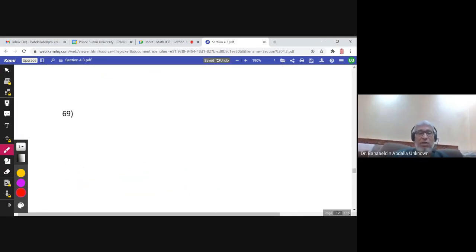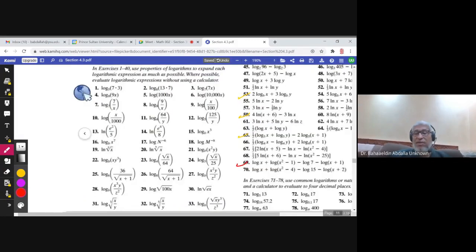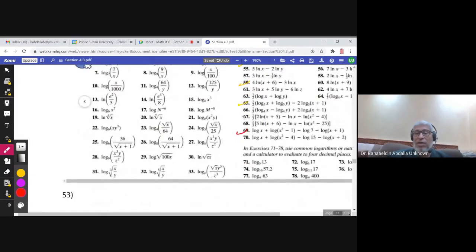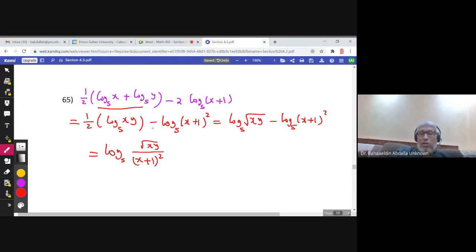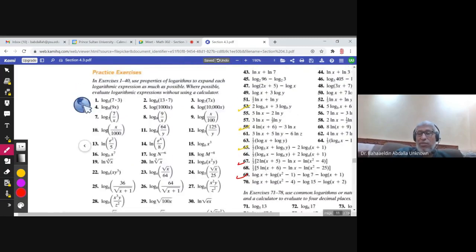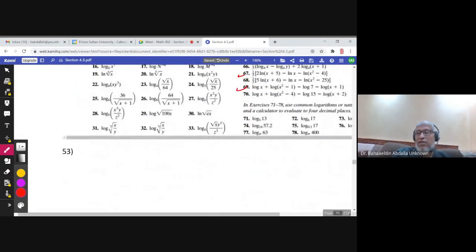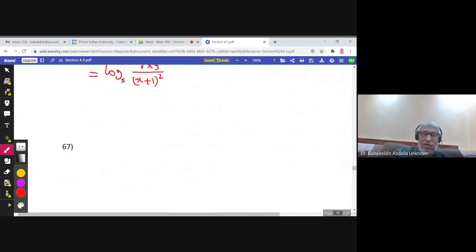69, okay. Log x. 67 is also there. You can try it by yourself, okay. Log x plus log of x squared minus 1, minus log 7, minus log of x plus 1.